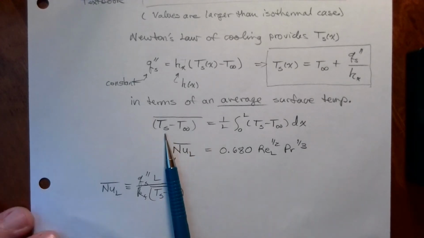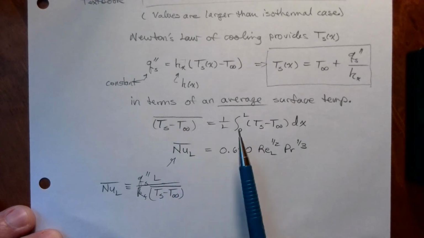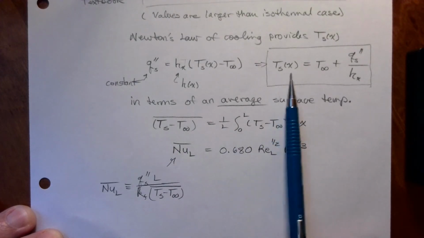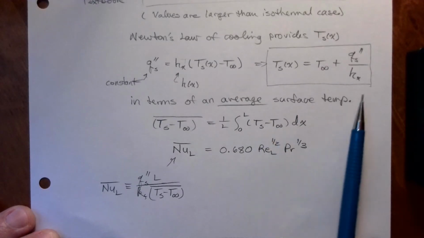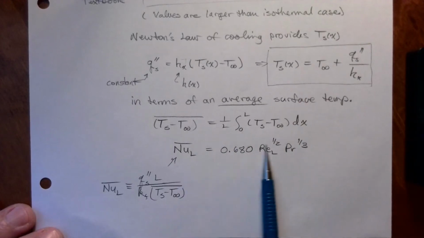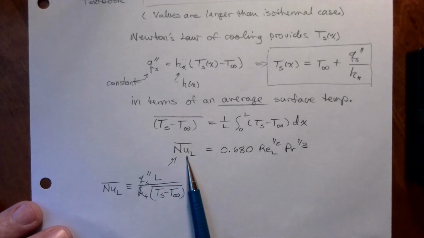So the average delta T, Ts minus T ambient, or the excess temperature, well, we could evaluate that just by integrating from 0 to L divided by L. Integrate what? Take that T as a function of X and put it right here, and use the correlation to figure out what H is. If you do that work, you'll end up with this correlation for this definition.